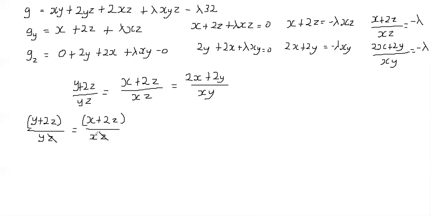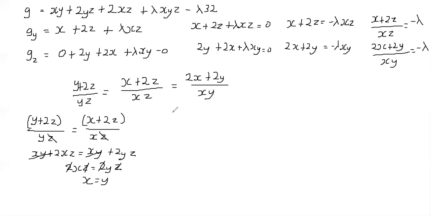So we have to cross multiply, that is xy plus 2xz is equal to xy plus 2yz. So we can cancel out xy. What else is remaining? That is 2xz is equal to 2yz. We can cancel out 2z and 2z. We have ultimately x is equal to y.